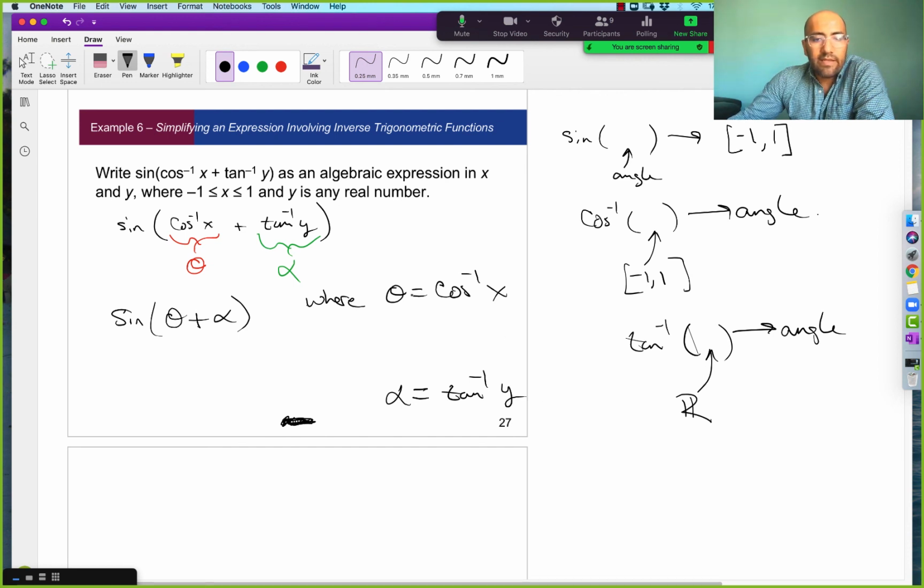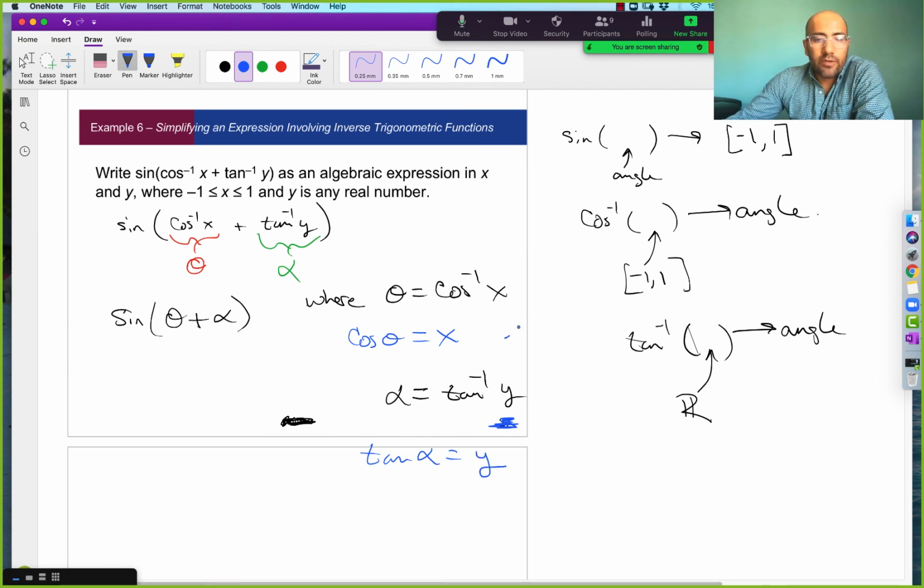Okay, so by definition, theta equals cosine inverse of x if and only if cosine of theta equals x. And same thing over here, alpha equals tan inverse of y if and only if tangent of alpha equals y.